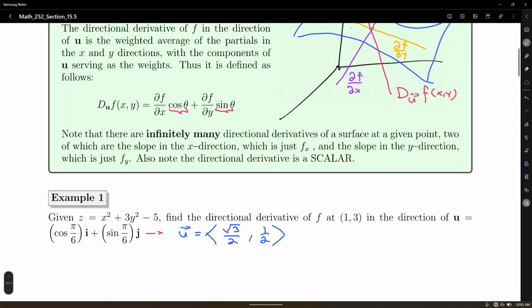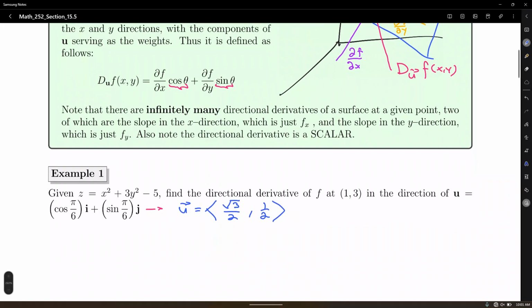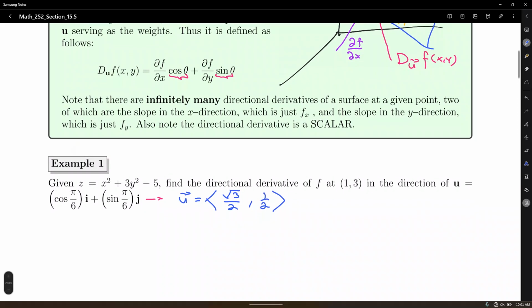So here's where we put vectors back into our calculations. Okay, so we have this. Let's find the partial derivative of f with respect to x, which is 2x, the partial derivative of f with respect to y, that is 6y. And I believe we have everything we need pretty much.